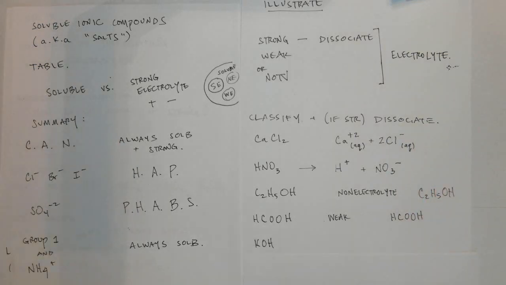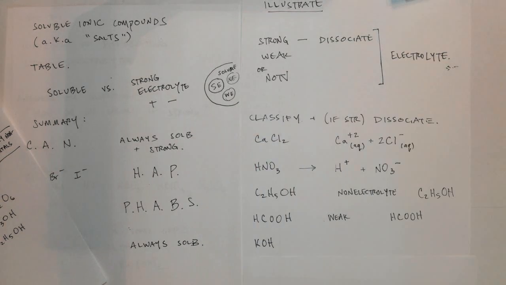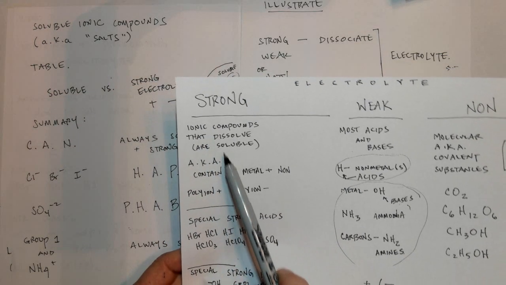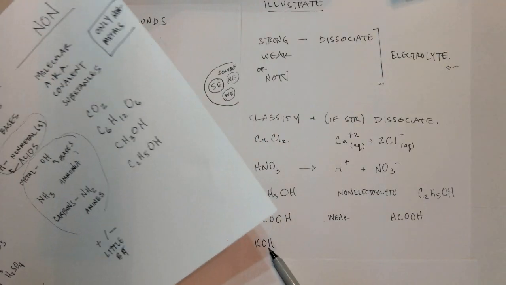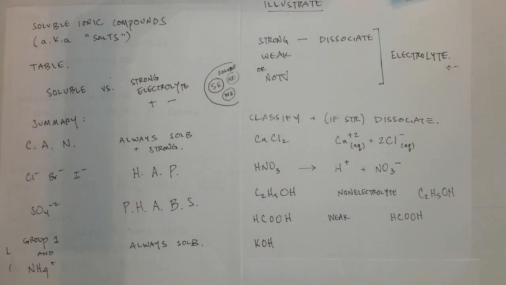Last one, KOH. Well, this has got K in it, so it's got a metal, and maybe the first question you should always ask yourself is, does it have a metal? Since it's got a K in it, it's probably going to be either an ionic compound or one of these special things. Oh, it has an OH. That's right, it's a group 1 OH-containing compound, which means it's going to be a strong base.